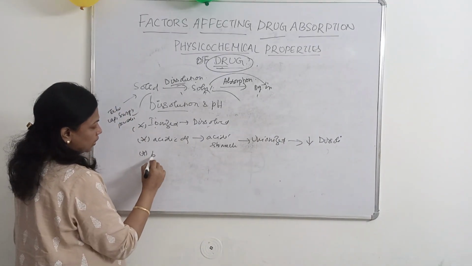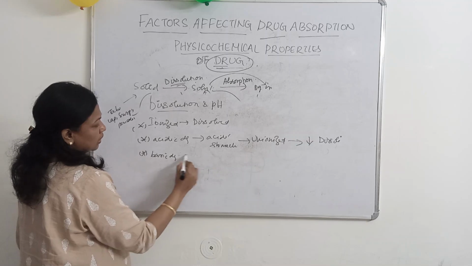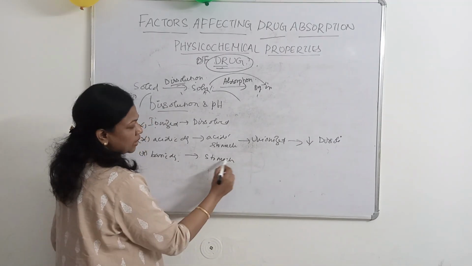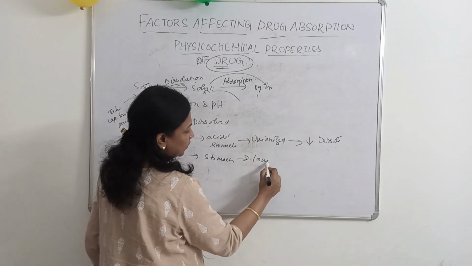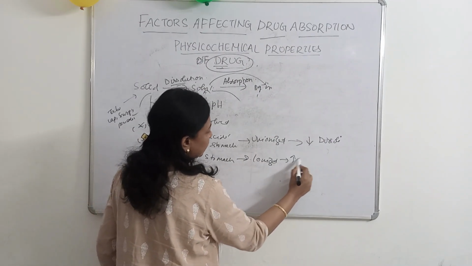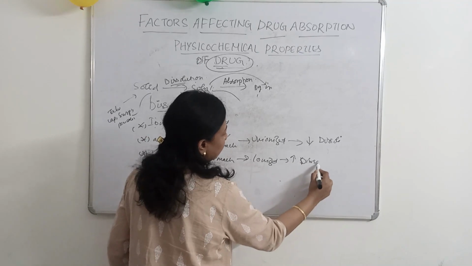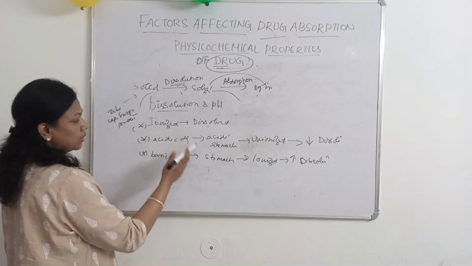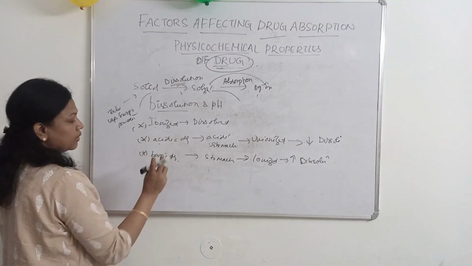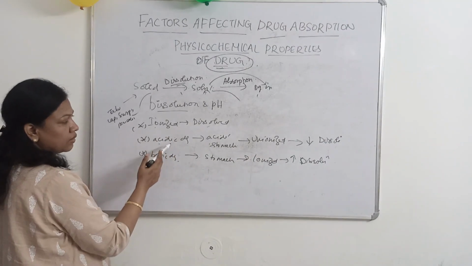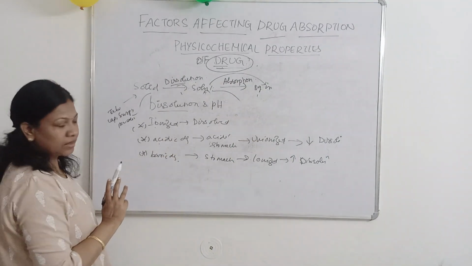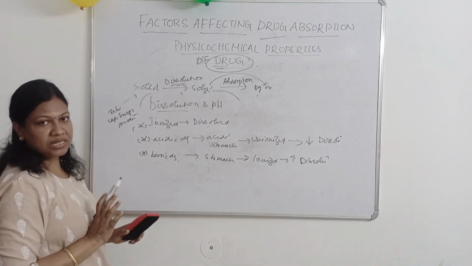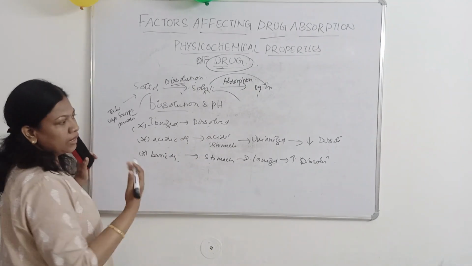Whereas for basic drugs, if present in the stomach in acidic medium, they will be ionized. Here the dissolution will be increased. Vice versa in the case of the intestinal medium. So we considered initially the stomach and then the intestine.